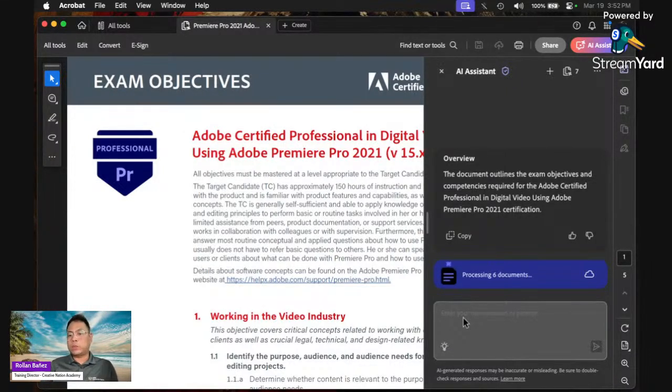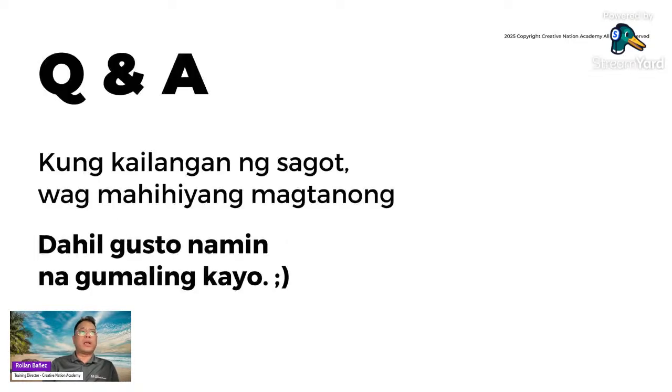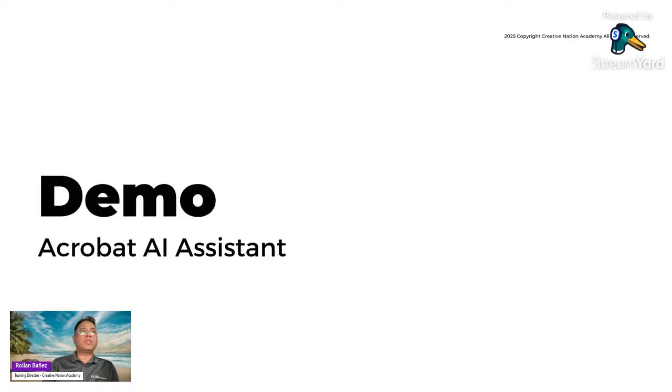So while this one is still processing, because it takes a lot of time for us to gather all of this information, I'm going to switch to the slides. Let's check here. This one is processing. So I did some of the demonstrations. Let's go back here.